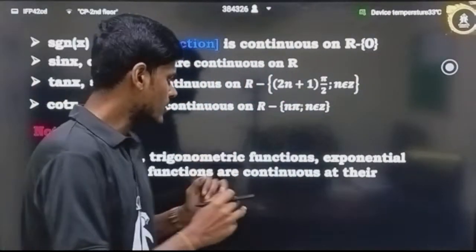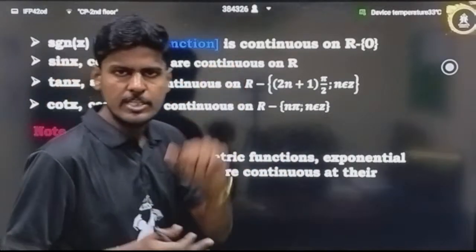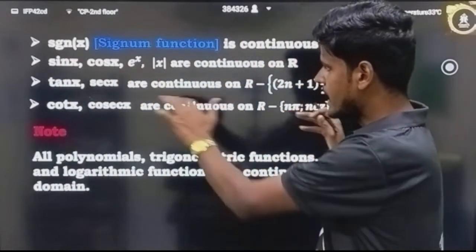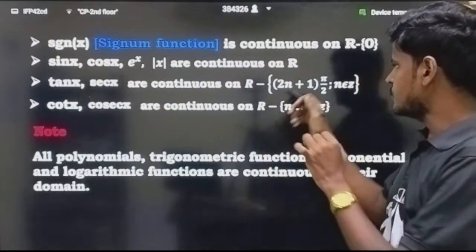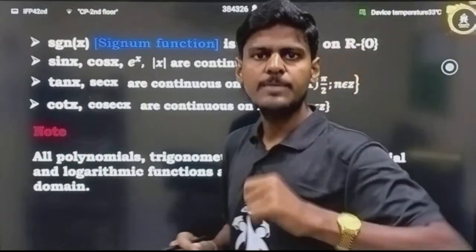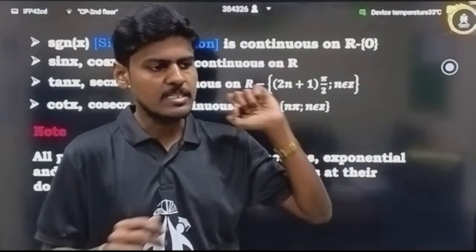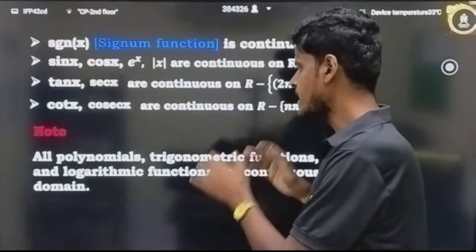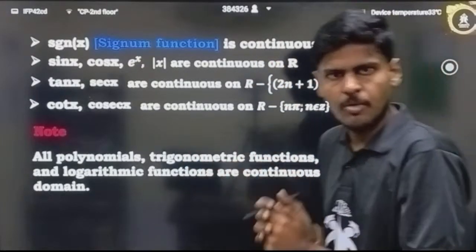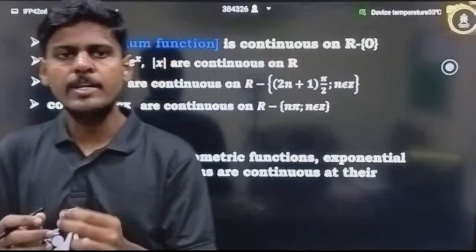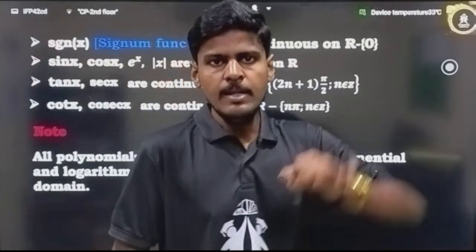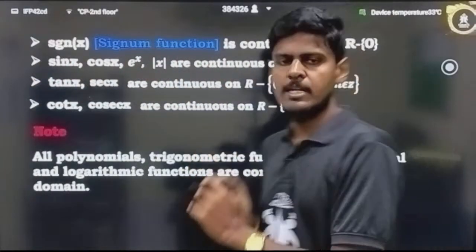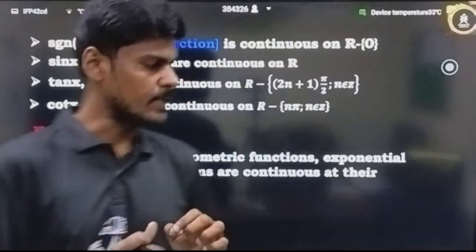That means first we have to understand what is the domain of this function, because tan x is undefined at odd multiples of pi by 2, where it becomes infinity. Therefore, when we say it is continuous in its domain, that means at whatever values tan x is possible, at those places it is continuous. That is the meaning of this statement.